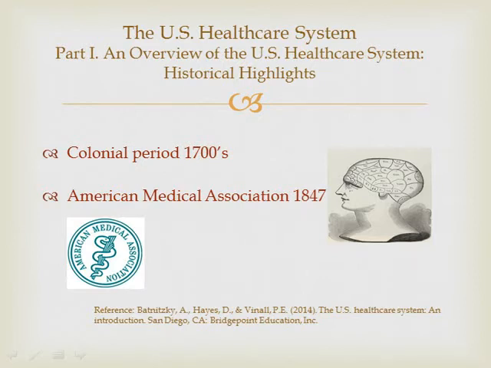Prior to the European immigration, the Native American Indians occupied the land, and they had their own beliefs and medical practices that included homeopathic herbal remedies and treating the body, mind, and spirit as one.